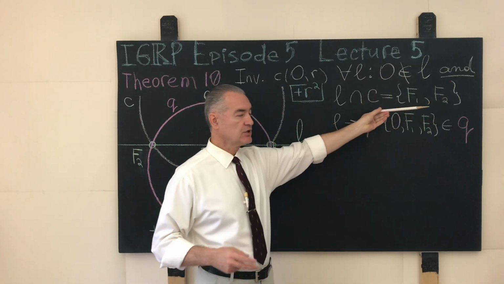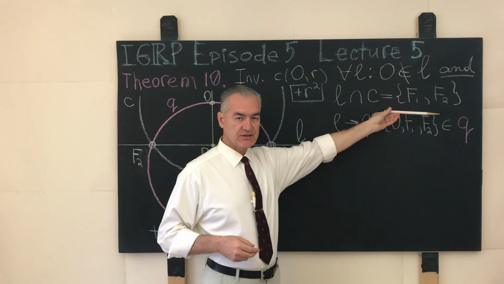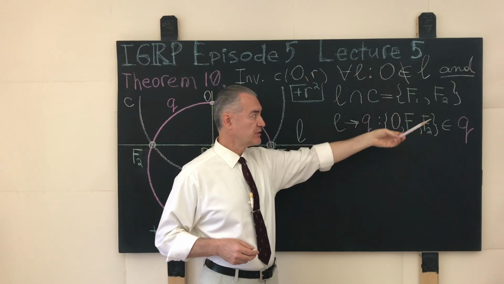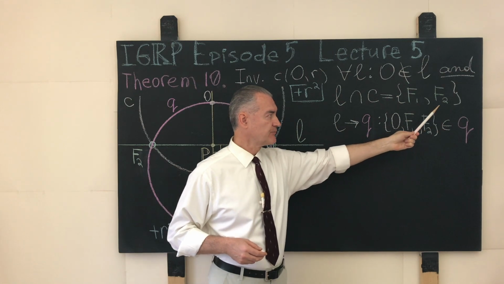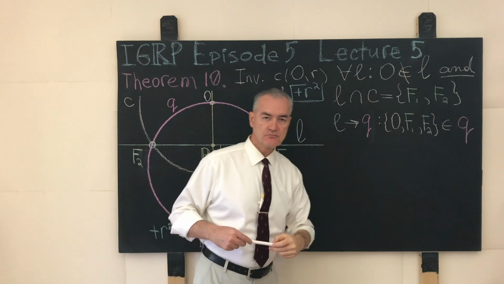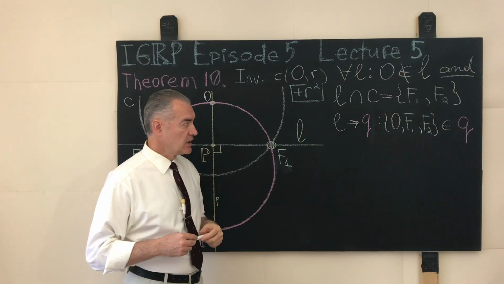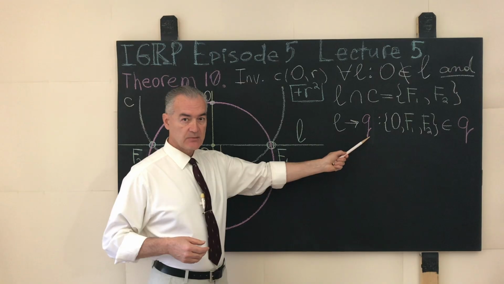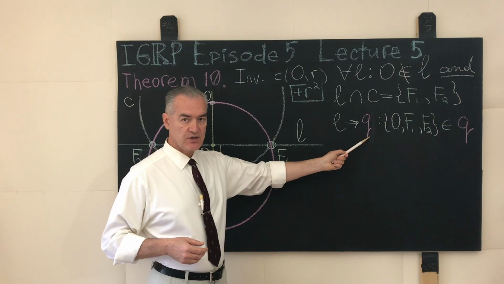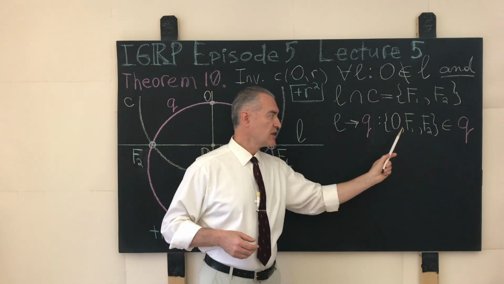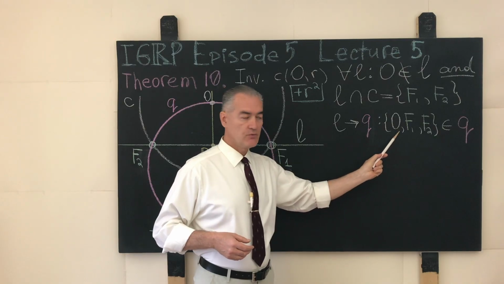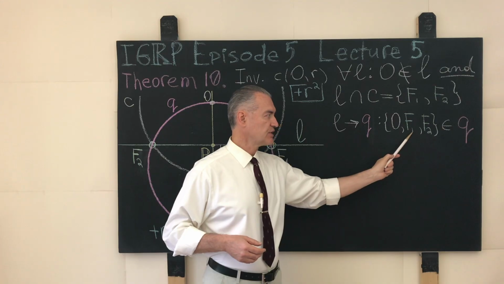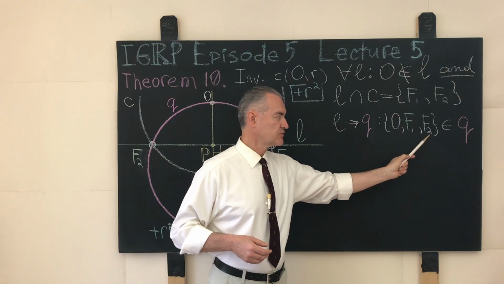and has precisely two distinct points in common with the circle of inversion, named, for example, F1 and F2, is taken into a circle named Q that passes precisely through these 3 points: the center of inversion, O, and the distinct shared or common points F1 and F2.